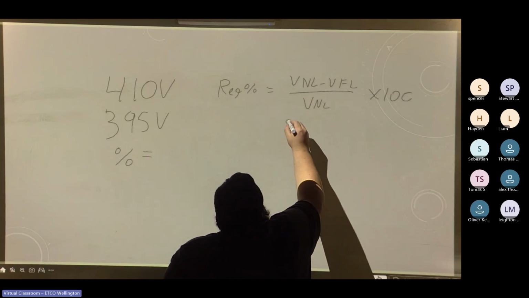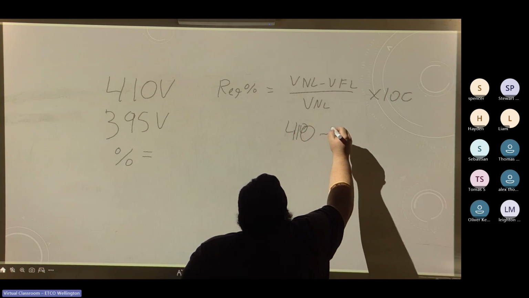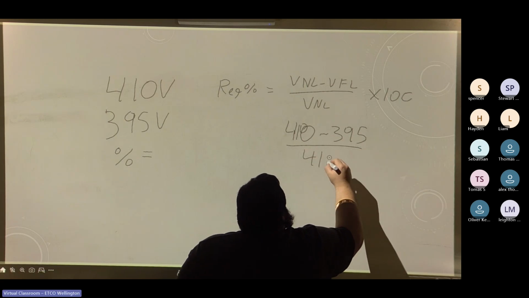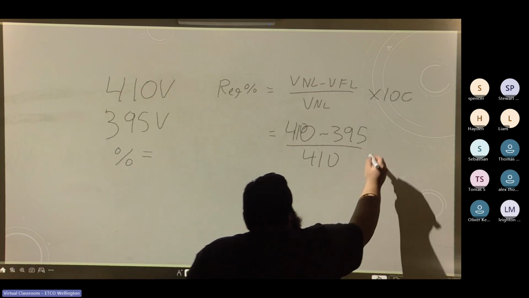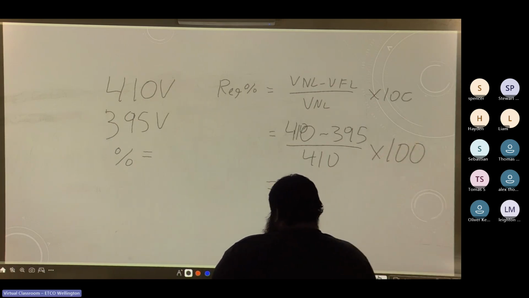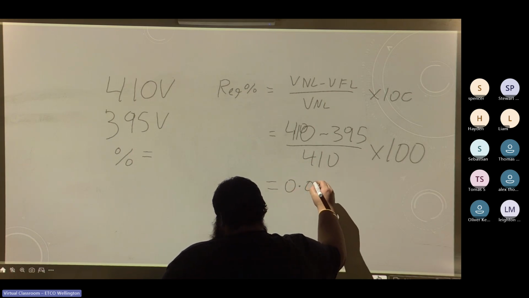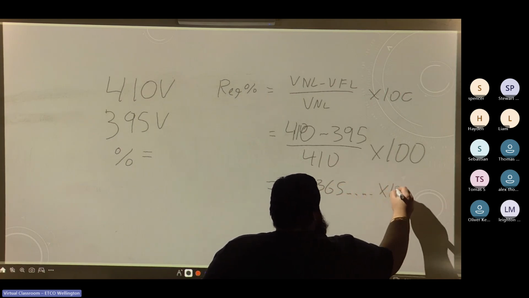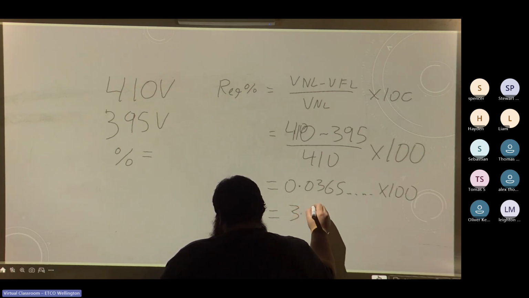So that would be 410 minus 395 over 410, times 100, which equals 0.0365, etc., times 100, which is equivalent to 3.66 because it's 658.